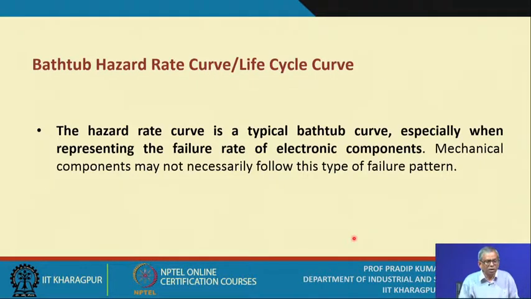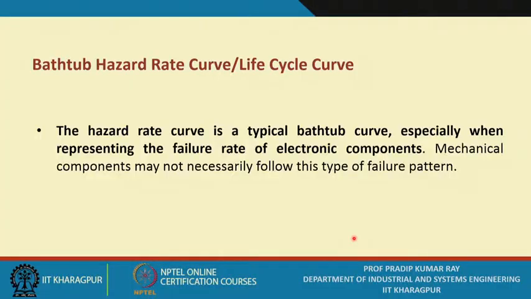Okay. Now I will be discussing an important curve that we always refer to in any discussion on reliability, whenever we try to model reliability. We always refer to the life cycle curve, and technically this is referred to as a hazard rate curve, but it is also referred to as the life cycle curve.